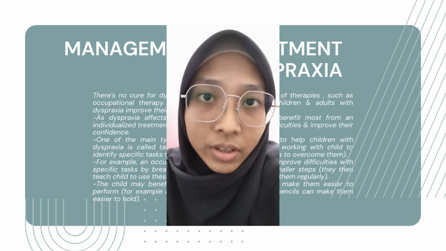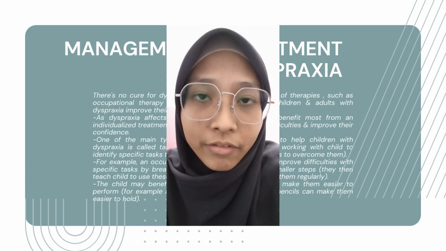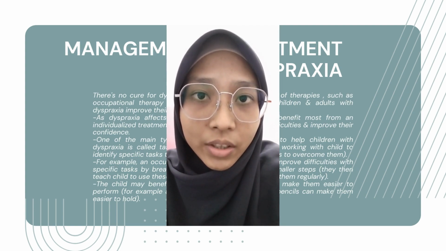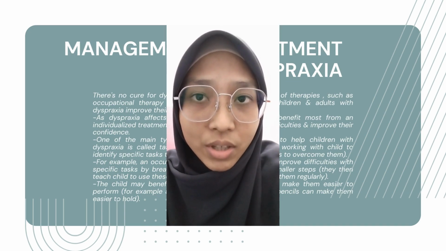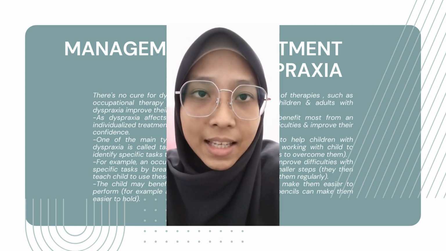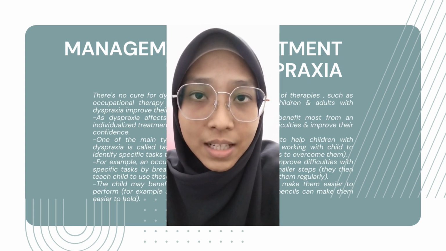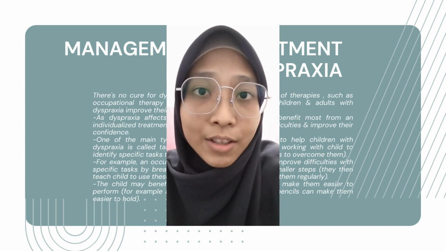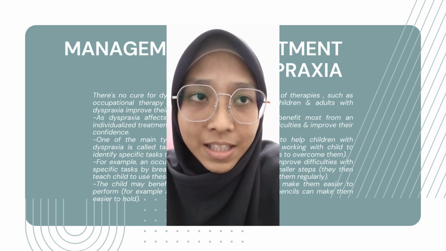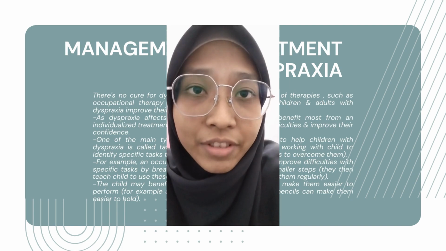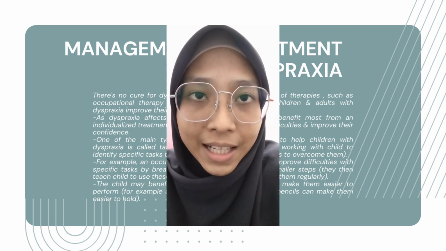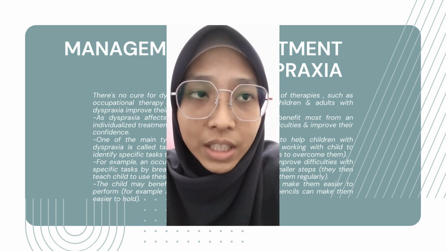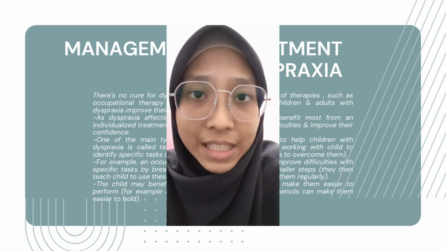Management and treatment for dyspraxia. There's no cure for dyspraxia, developmental coordination disorder, but different types of therapies such as occupational therapy and physical therapy can help children and adults with dyspraxia improve their motor skills and coordination. As dyspraxia affects everyone differently, your child will benefit most from an individualized treatment plan to manage their physical difficulties and improve their confidence.